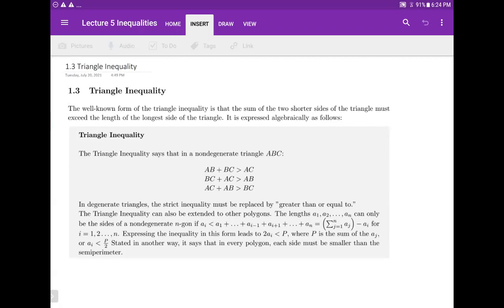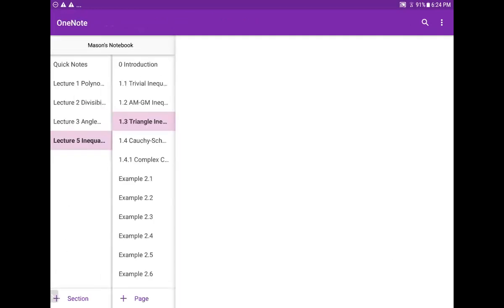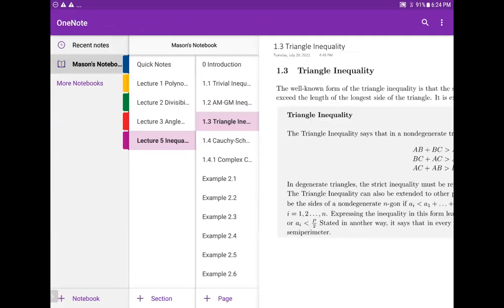You don't really have to worry about the notation in the middle too much, but essentially, you just cannot have a single side that's greater than the sum of all the other lengths. Oh, and if it is equal, that would make it degenerate. Otherwise it has to be less than the semiperimeter, which is half of the perimeter.